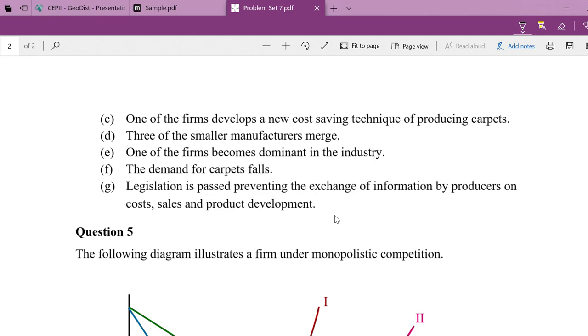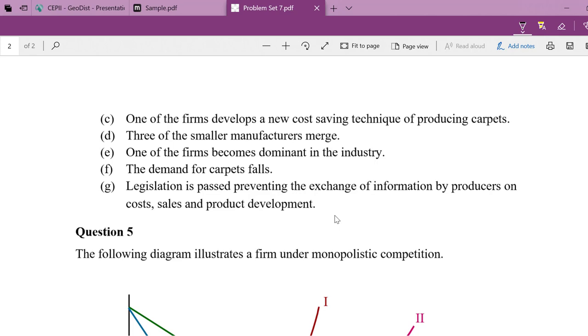G, legislation is passed preventing the exchange of information between the colluding firms. What do you think? Then it means it's illegal to collude.